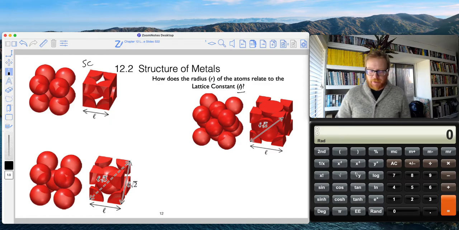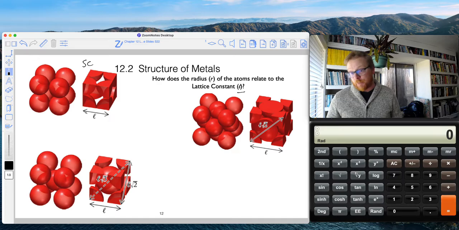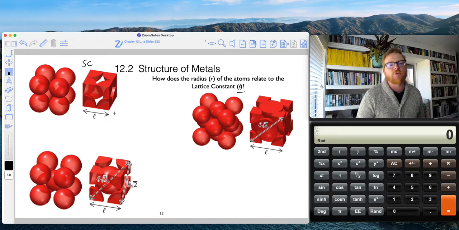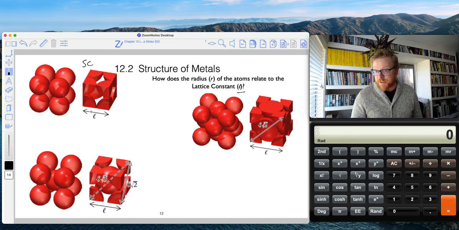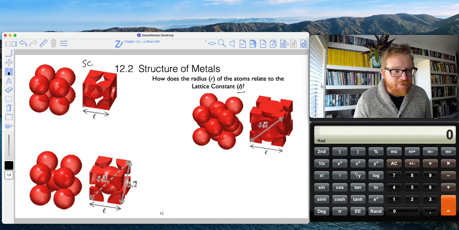So this is our simple cubic. We recognize that that's 1 full atom per unit cell. And now if we wanted to relate the radius of the atom to its lattice constant, we can just simply do some geometry right here. Okay, so I can see that I've got 1 radius right there. I know that that's like 1/8 of an atom, right? But this length goes from half of this atom to half of the other atom.